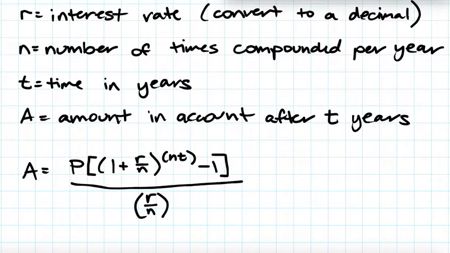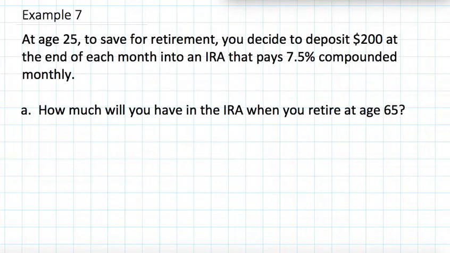So we're going to look at example 7. It says at age 25, to save for retirement, you decide to deposit $200 at the end of each month into an IRA that pays 7.5% compounded monthly. How much will you have in the IRA when you retire at age 65? So I need to identify my variables here. I'm depositing $200 every month, so that's P. My interest rate, 7.5%.